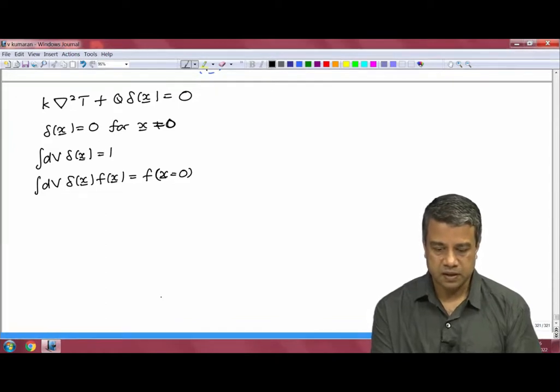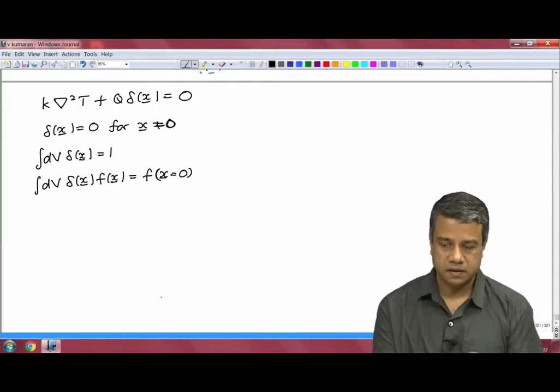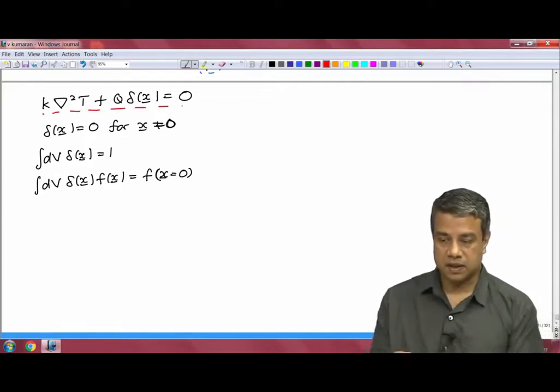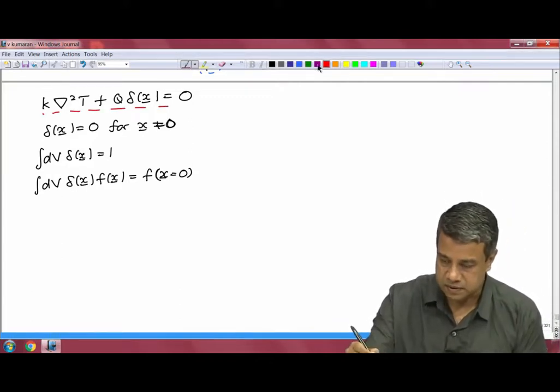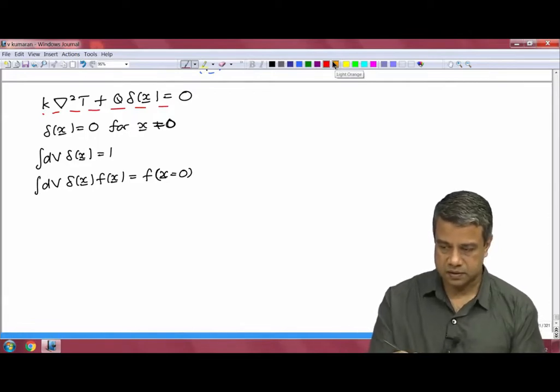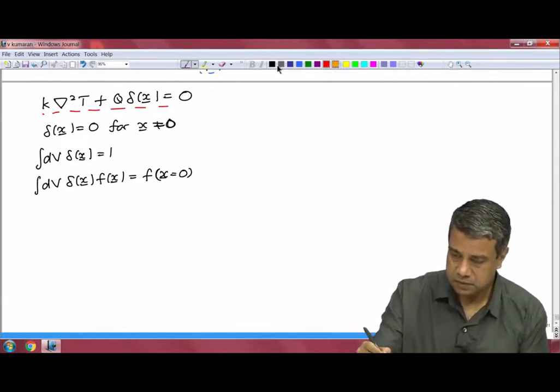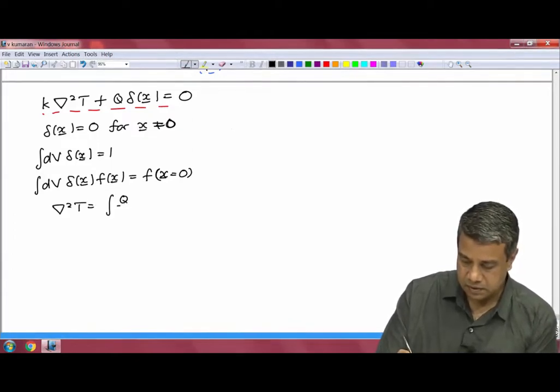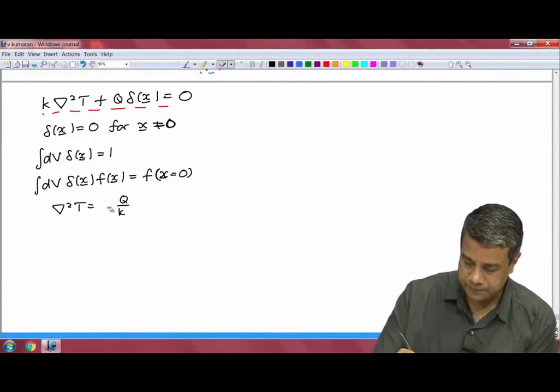So, how do we solve this Poisson equation here, with a delta function source? I write del square T is equal to minus Q delta of x by k.